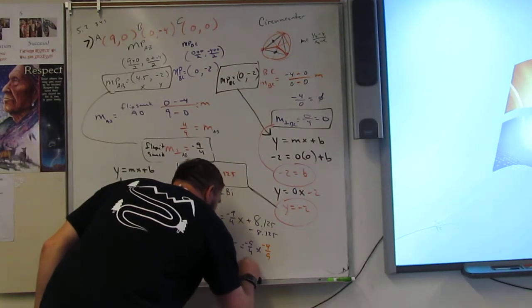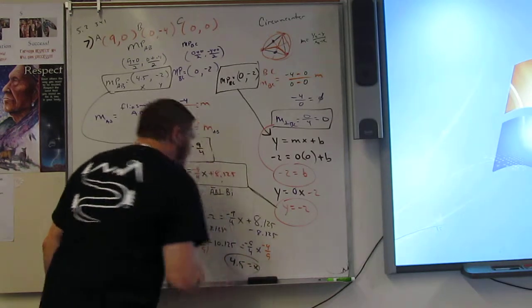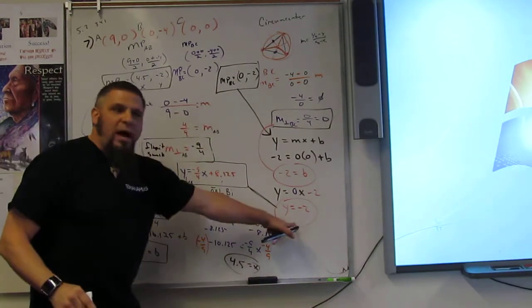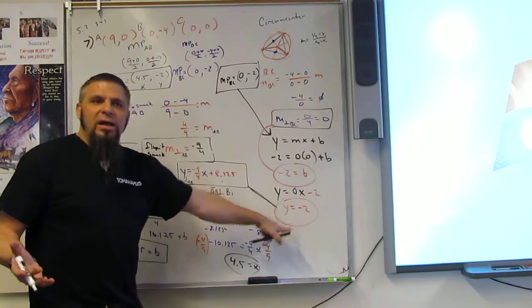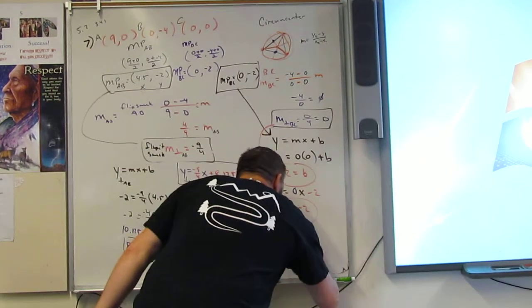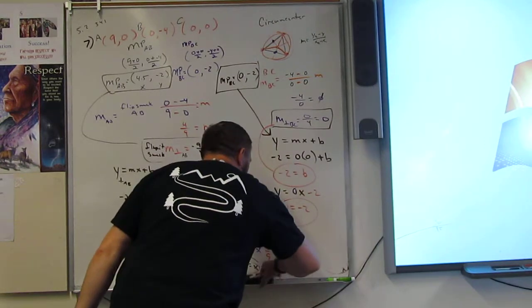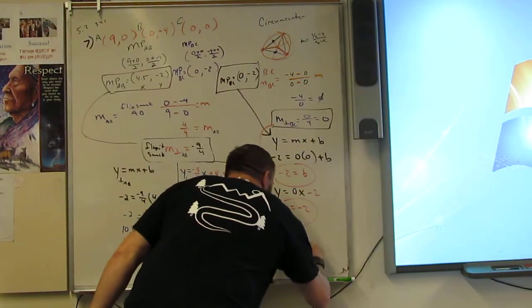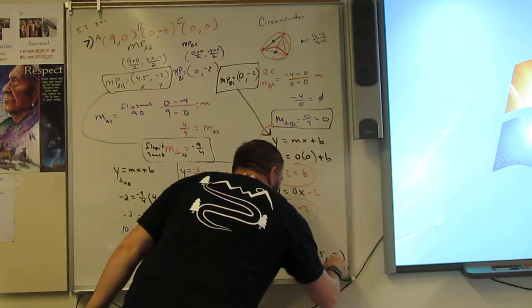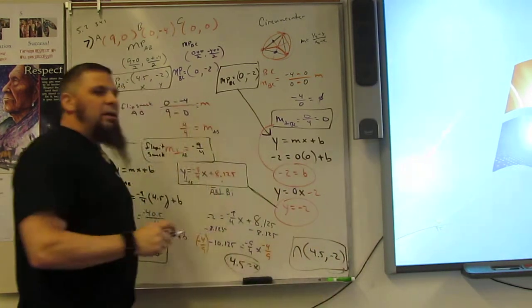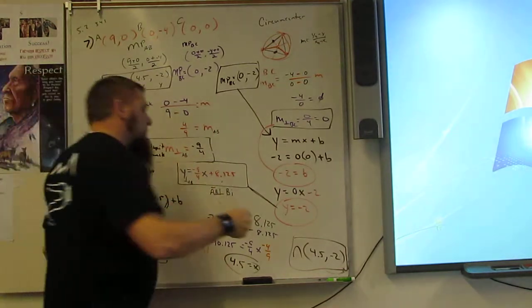So 4.5 is equal to x. So that's my x, and I already have my y. So the intersection is at 4.5 and -2. And that is where our circumcenter is.